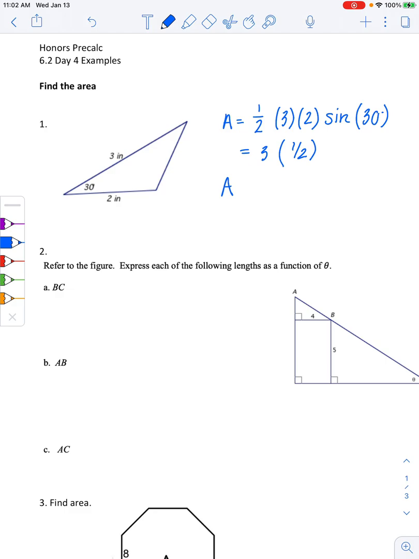So I know that my area of this triangle is about 3/2, or if you prefer 1.5, and don't forget inches squared.